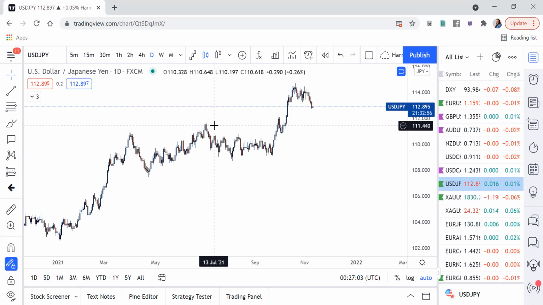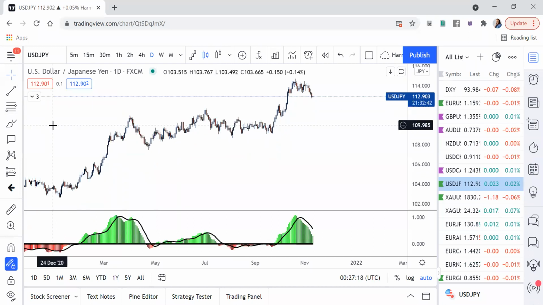But I need to organize this chart, basically. So in order for me to have some organization, we need structure. So I'm going to come now. First, I'm going to put on my MACD. And my MACD allows me to see the highs and lows of the time frame that I am currently on.